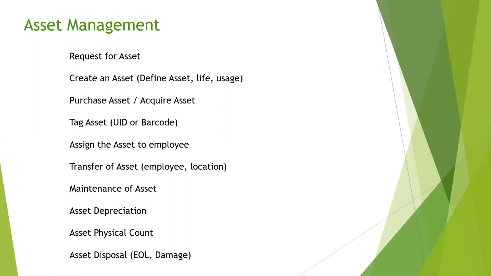In this session, we will be talking about the asset management module. What is an asset and why is it used in a company? An asset is nothing but a material or an item required by a company to run its operations, like a laptop or a computer, which is required by an employee to record all the stuff or the duties that he is doing.